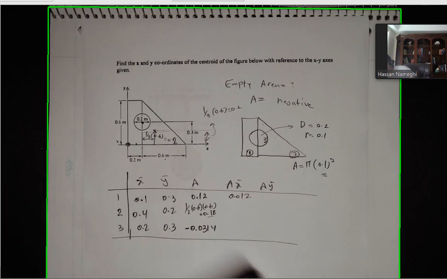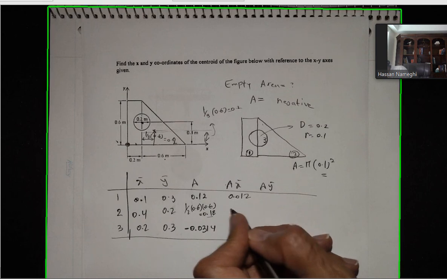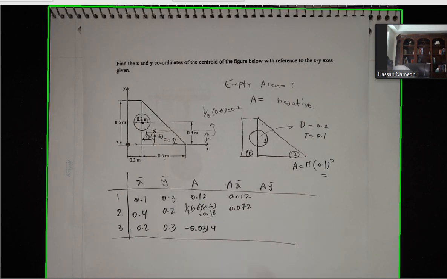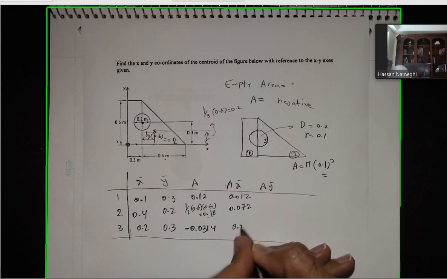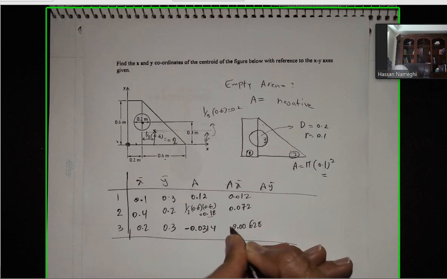So 0.4 times 18 is 72, so 0.072. And then the last one is 0.2 times 0.0314. This will give me 0.00628, and that's a negative.